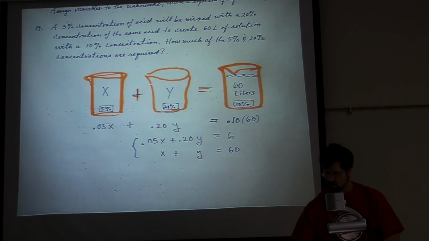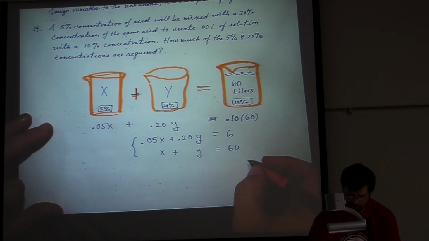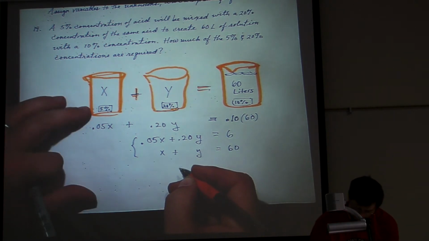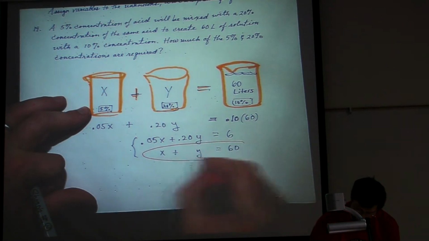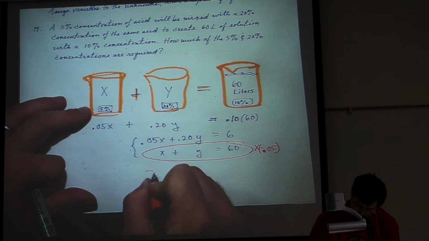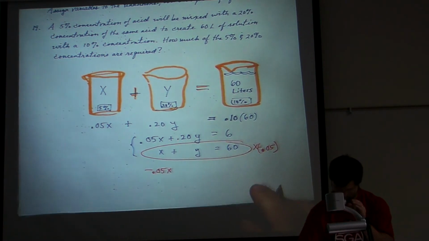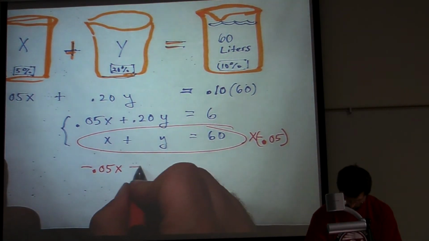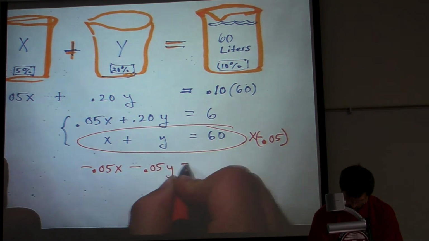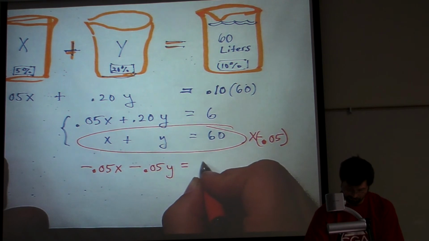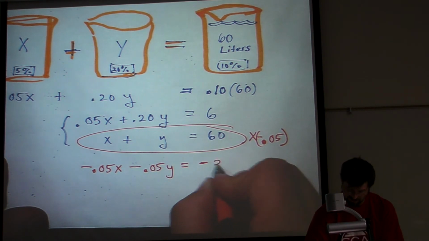I'm just going to take the first equation and multiply it by negative 0.05. So that'll give me negative 0.05x minus 0.05y, and then 0.05 times 60 is 3, so it's going to be negative 3.